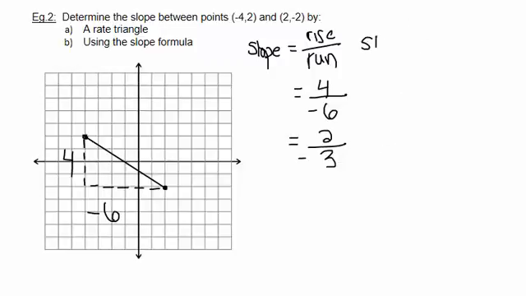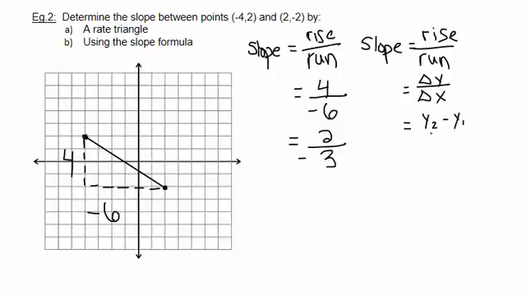Let's now try this using our slope formula. So slope is equal to rise over run. We know our rise is delta y over delta x, so the difference in the y values over the difference of the x values. So y2 minus y1 over x2 minus x1.